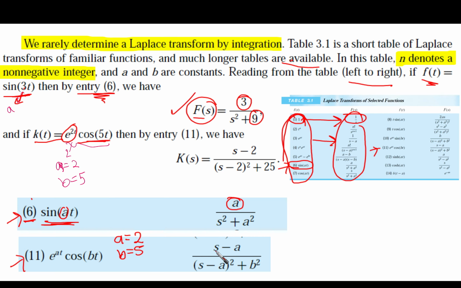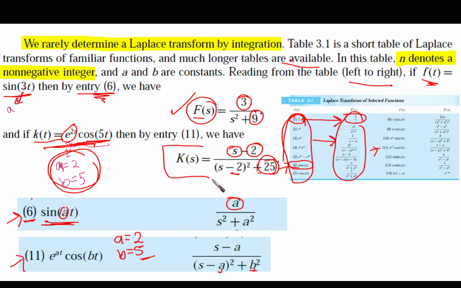So in this case, s minus 2 over s minus 2 to the power 2, plus b squared, which is 5 squared, which is 25, right? So now we have our a and b from our input function, and we can easily get the Laplace transform from this nice table.